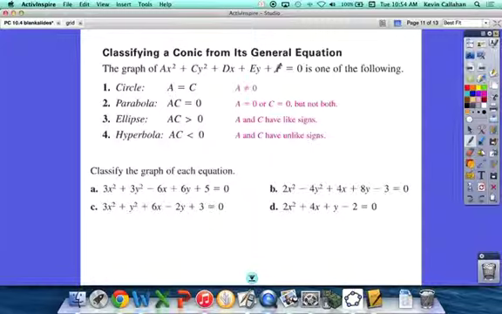So if we look at these examples at the bottom, honestly, I don't use any of this A times C. Just, which one of these only has one squared term? D, okay, there's your parabola. Right. Which one of these has opposite signs on the squared terms?